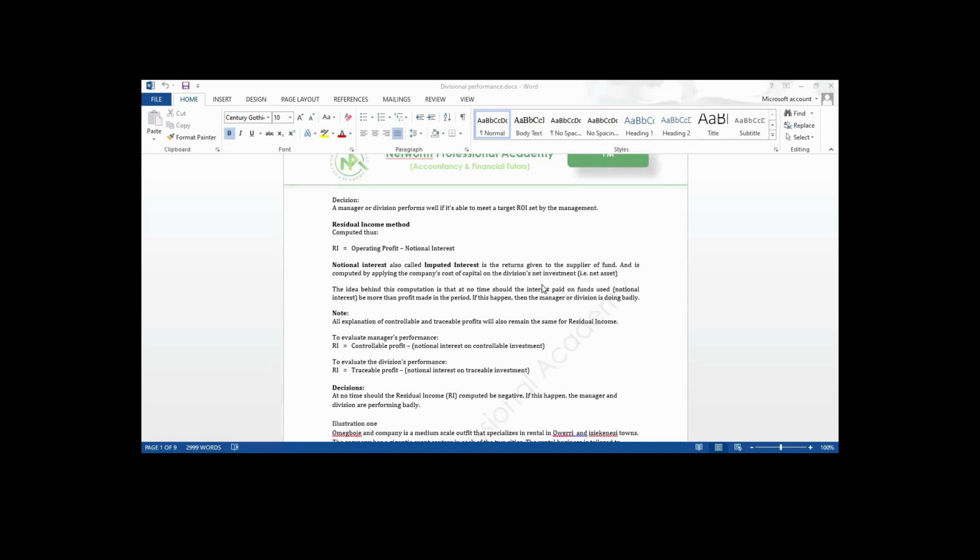You now deduct this from operating profits. If the figure is positive, it implies the division is doing well. If that figure is negative, it implies the company's division is not doing financially well.